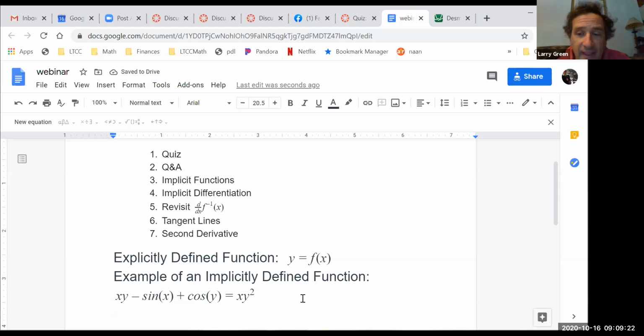All right, you look at that and you say, well, could you write that as y equals f of x? What do you think? If I gave you an hour, could you write that as y equals f of x? Do you think you have the ability to do that right now? You can be honest.